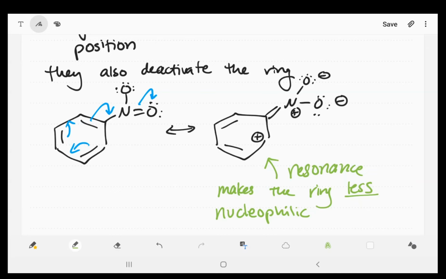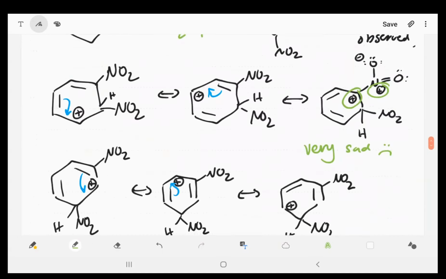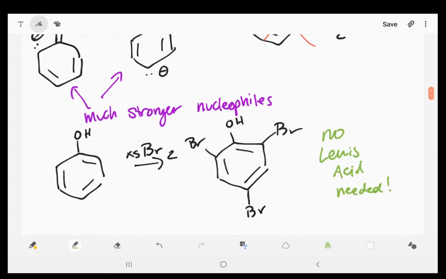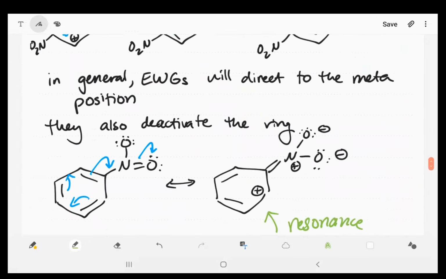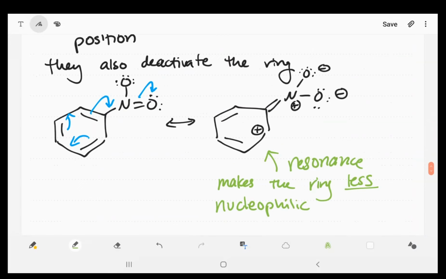So previously, I'm going to scroll up. We saw, if we resonate with this oxygen, we end up with negative charges on the ortho and para positions. That's a very good nucleophile. If we resonate with the nitro group, we end up with positive charges at the ortho and para positions.